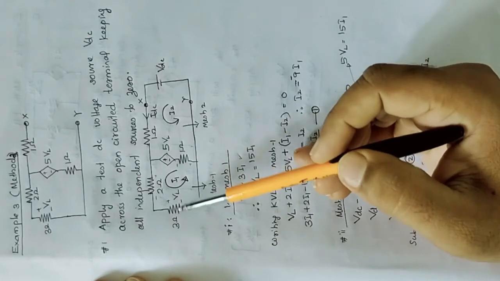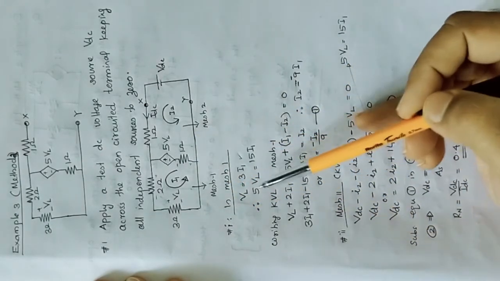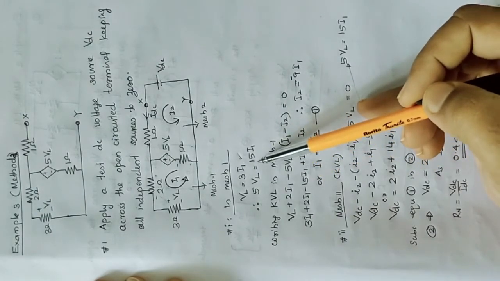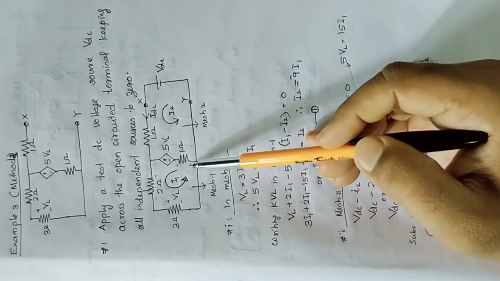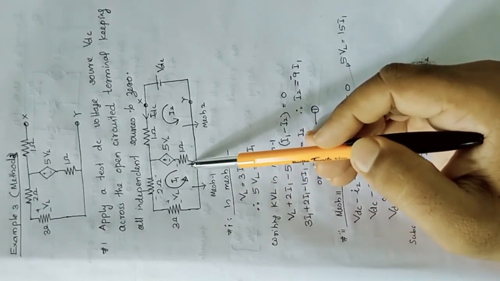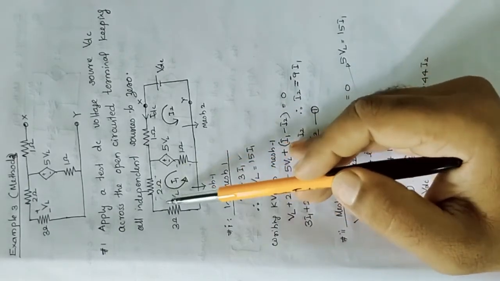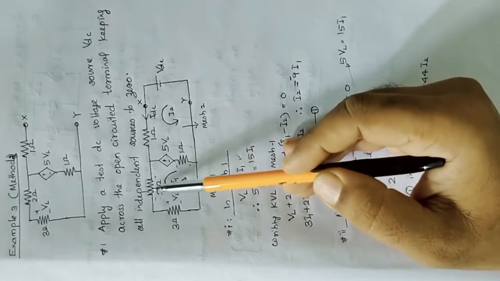As VL is equal to 3 into I1, this voltage source 5 VL is equal to 5 into 3 I1, which gives 15 I1. As current is flowing in this direction, let's mark the potentials across the resistances like this, plus minus, plus minus, plus minus. When we are writing KVL equations, let's take this order.